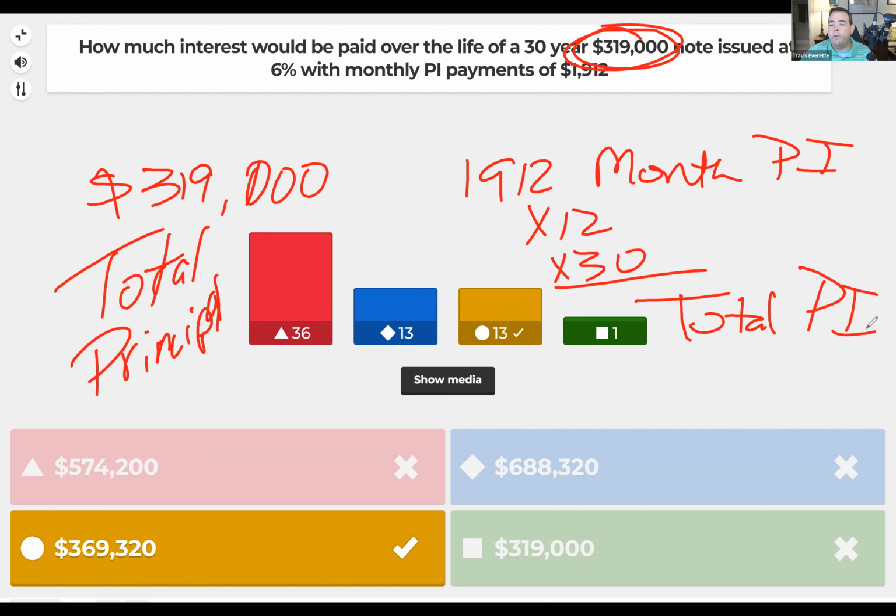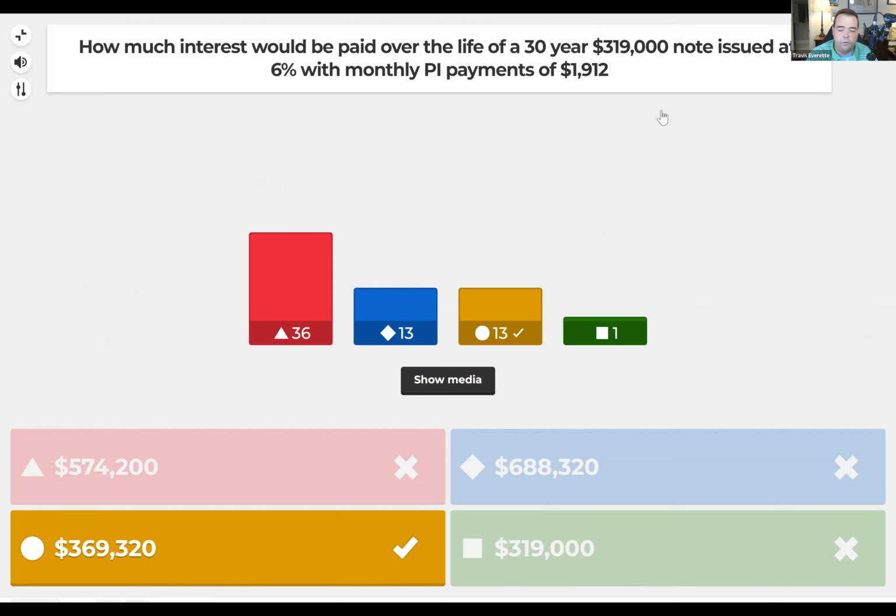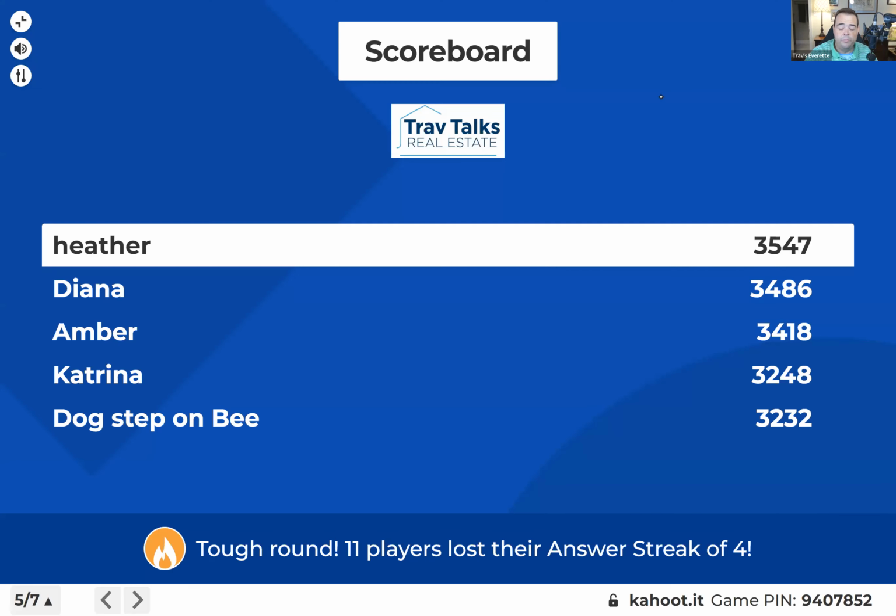Now that we have total PI and total principal, can we subtract the total principal from the total principal and interest and be left with just the total interest? Yes. Does that help, Katrina? I hope it does. Good. I'm glad you spoke up because we want to make sure to get it fixed for you, or try to, anyway.